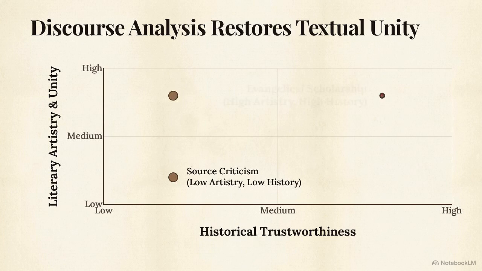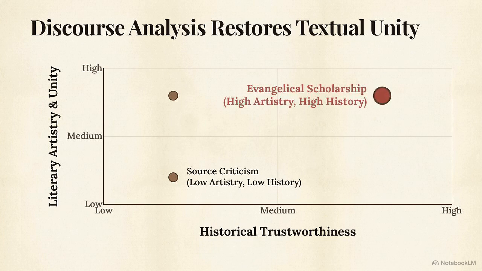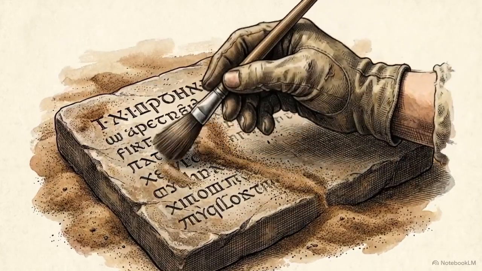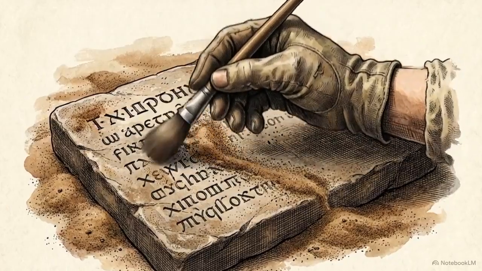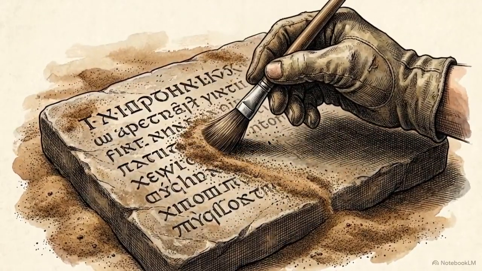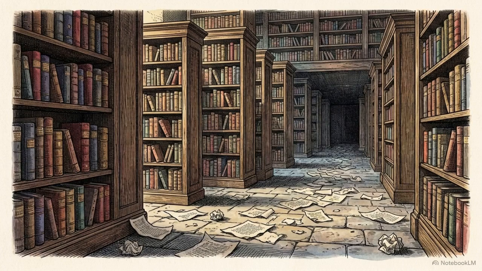In the top right quadrant, scholars like Gordon Wenham and Robert Longacre use advanced discourse analysis to reveal narrative unities in the Genesis flood and Joseph accounts, explicitly refuting the old JEDP source divisions. They demonstrate that acknowledging the literary brilliance of an ancient text does not require sacrificing its reality as a sequence of historical events.